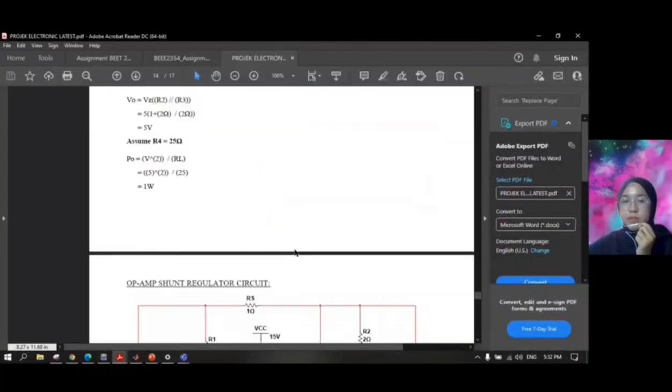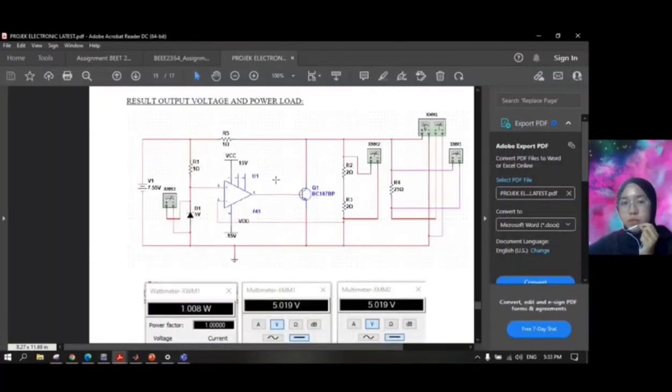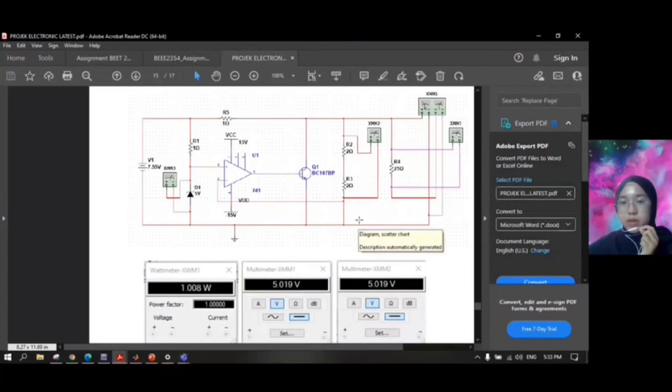So the result for output voltage and power load are the same as required from the question, which is power output of 1 watt and voltage output of 5 volt.